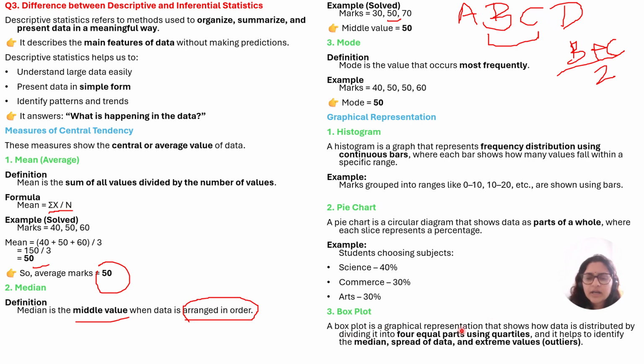A box plot is a graphical representation that shows how data is distributed by dividing it into four equal parts, called quartiles. It helps identify the median, spread of data, and extreme values, that is the outliers. Any value deviating from the average, an extreme negative or extreme positive value. I will just show you the pictures of all these.